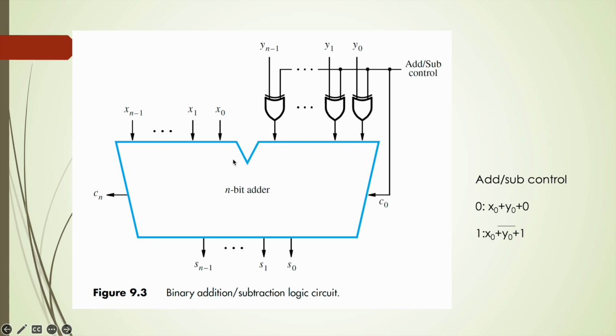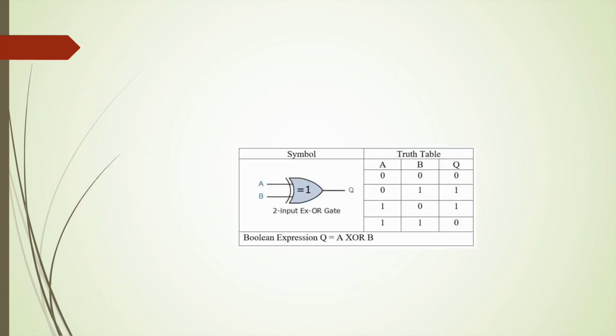So this adder will perform x0 plus y0 bar, and the carry that is added to the first bit, the add/subtract control strobe, is 1. So it is performing x0 plus y bar plus 1, which is nothing but the 2's complement of the second value y. So it is performing subtraction. This is how the circuit will be used both for addition and subtraction.